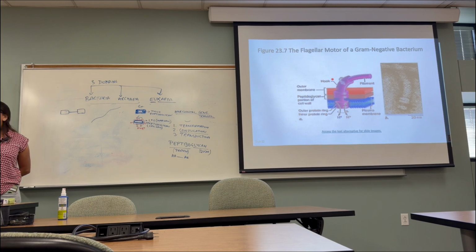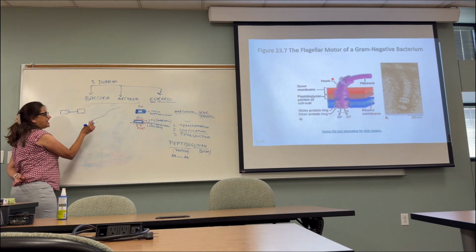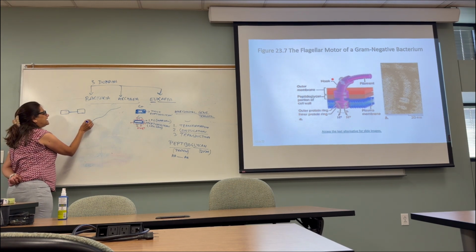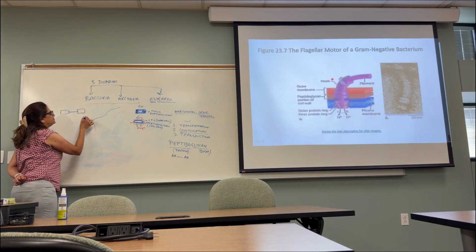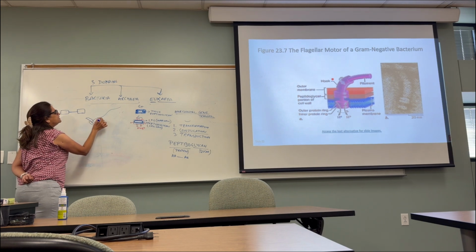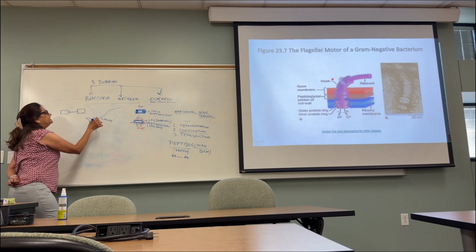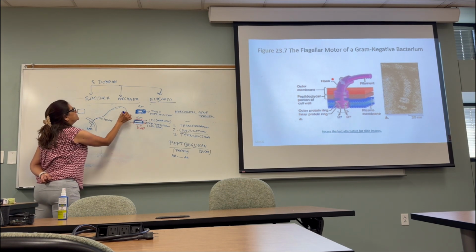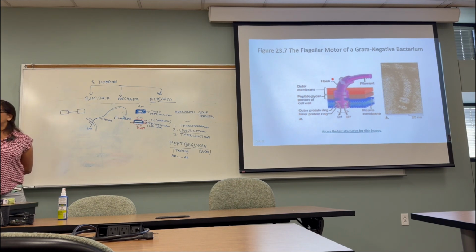So this is a flagellar structure of a gram-negative bacterium. As you can see, it has three main parts. It has a base, which is anchored into the cell wall of the bacteria. Then they have a hook, so base, hook, and then the portion that is outside is called the filament.